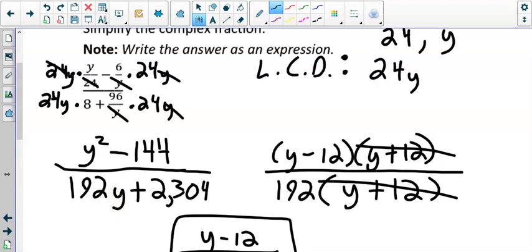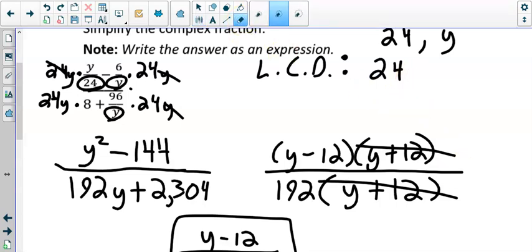Logan? Because it needs to be made up of both of them. Yeah. If you look at our denominators that we have up here, my denominators are 24, y, and y. So the least common denominator, remember what I said, it needs to be made up of everybody. So when we start writing down our denominator, remember in class I said write down your first denominator.